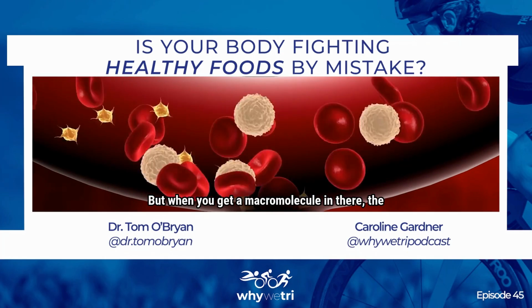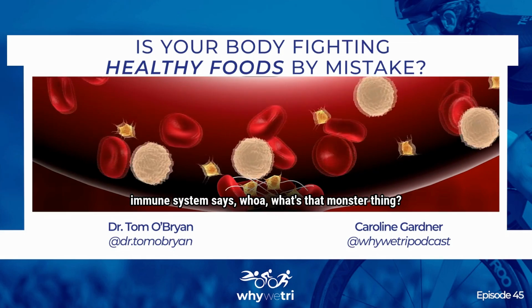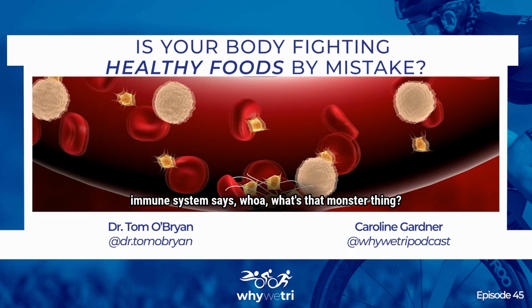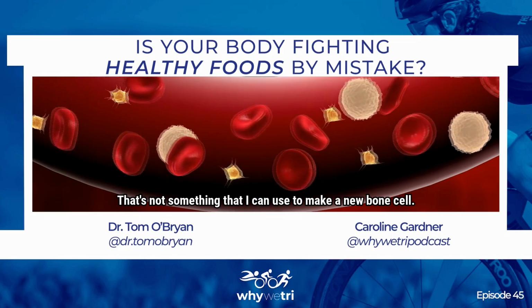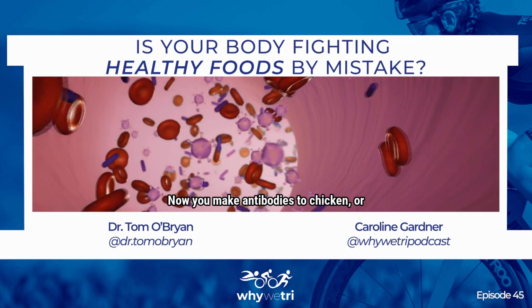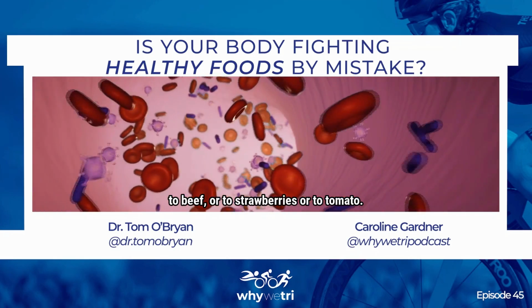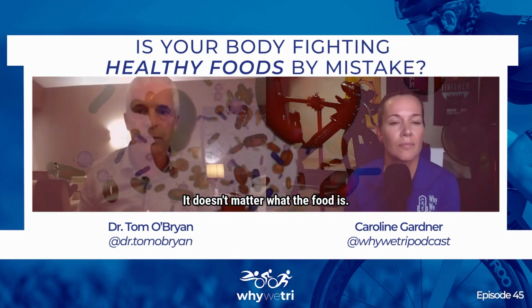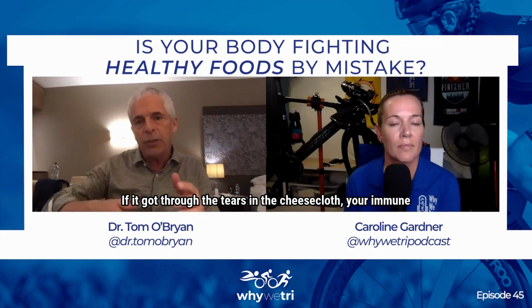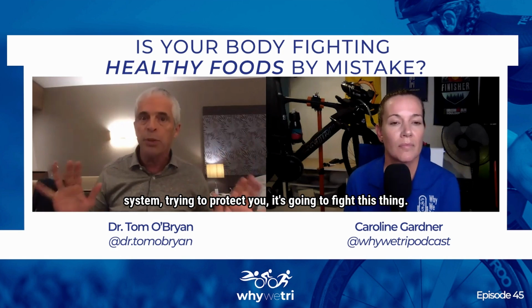But when you get a macromolecule in there, the immune system says, whoa, what's that monster thing? That's not something that I can use to make a new bone cell. I better fight that. Now you make antibodies to chicken or to beef or to strawberries or to tomato. It doesn't matter what the food is. If it got through the tears in the cheesecloth, your immune system, trying to protect you, is going to fight this thing.